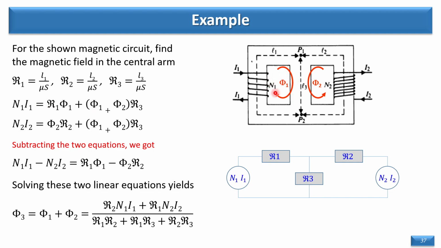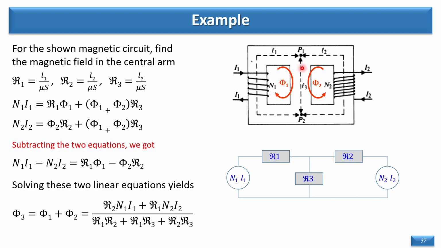On loop number 1, the voltage is in that way. So this voltage will equal reluctance 1 times phi 1, where reluctance 1 is for this length, plus the flux flowing here.